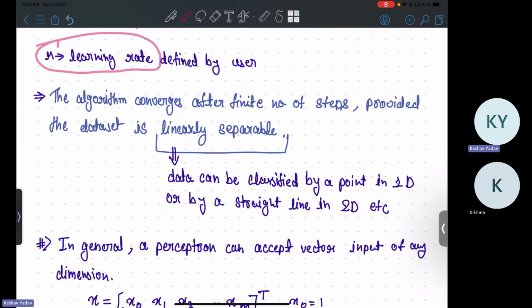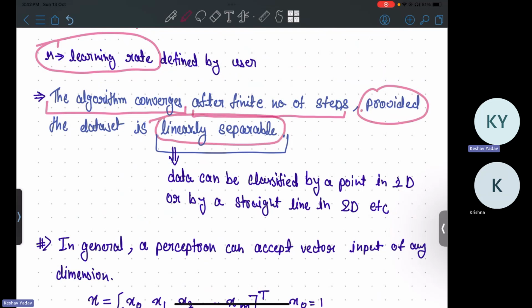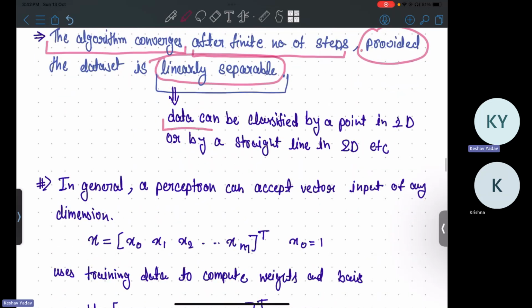Now what is the convergence of this? The algorithm converges after a finite number of steps, provided that the data set is linearly separable. What do we mean by linearly separable? It means the data can be classified by a point in the 1D case, by a straight line in the 2D case, and by a plane in the 3D case.